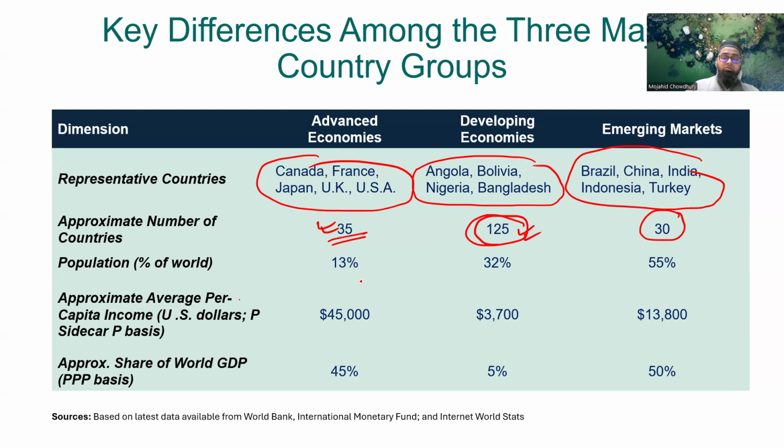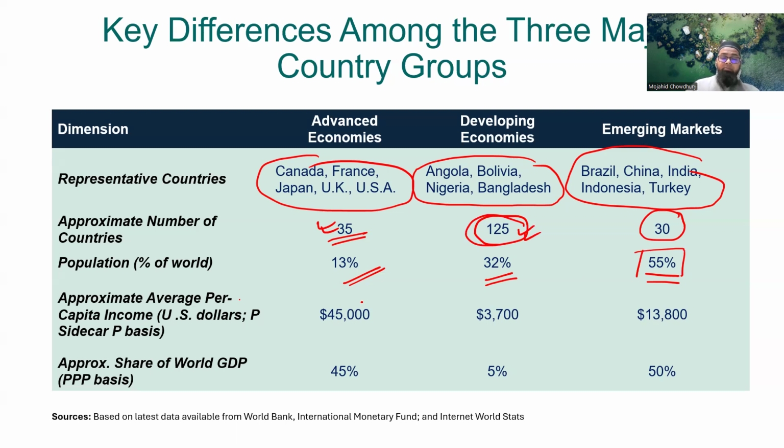Let's see the population. The advanced economies have a smaller population size, only 13%. This is sometimes not good for business, because to do business you have to have people to whom you can sell the products, or for whom you can manufacture the product. Developing economies have 32%. But the emerging markets have a huge base of population.